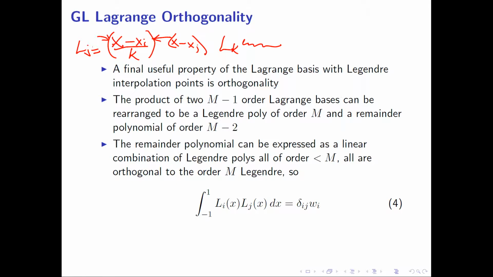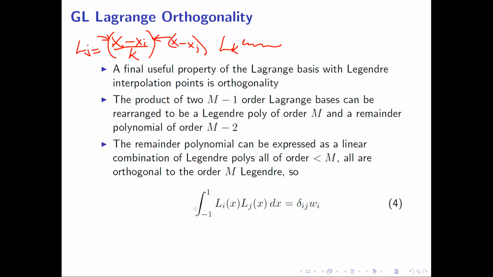That remainder polynomial can be expressed as a linear combination of Legendre polynomials all of order less than m, because these form a complete basis for all polynomials. So therefore, each of the components of the remainder polynomial is going to be orthogonal with respect to the order m Legendre.